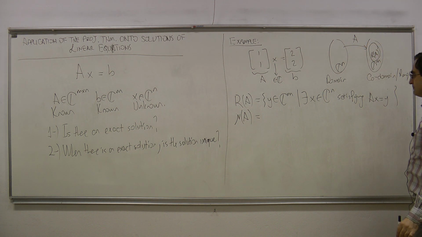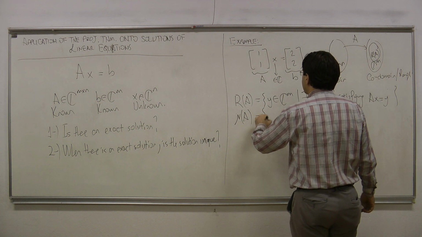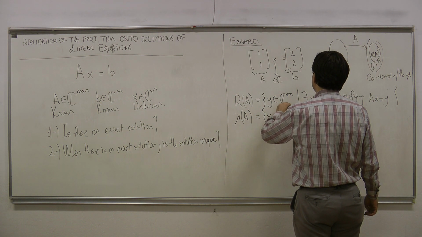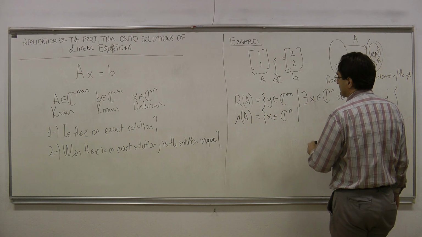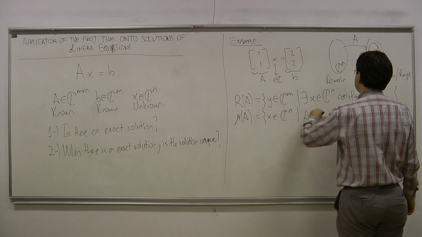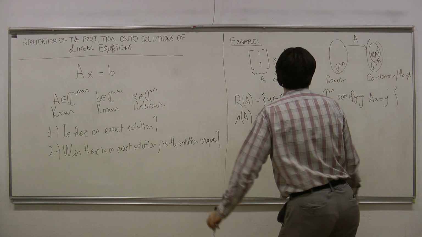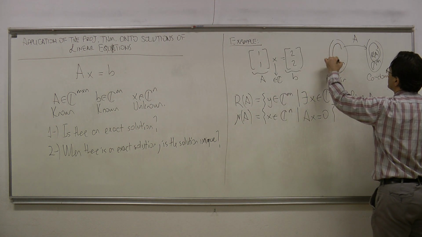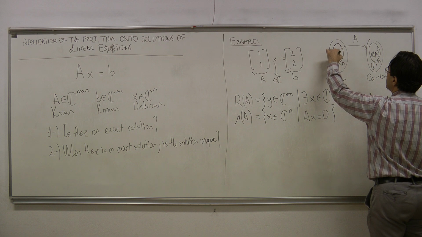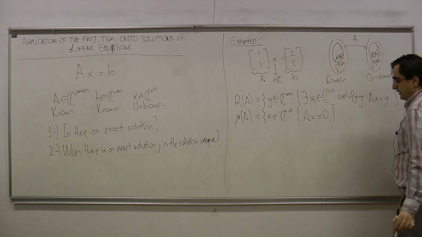And the null space of A is the set of elements of the domain such that A times X is equal to 0. The null space of A is a subspace of the domain.